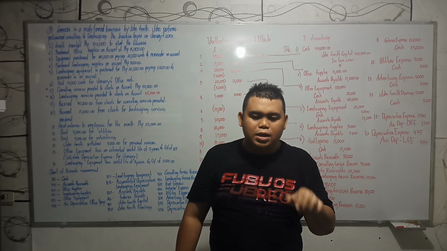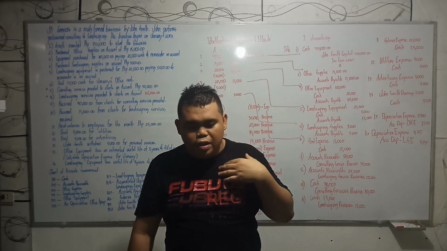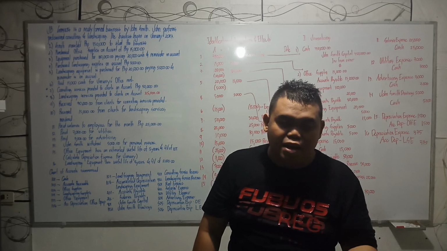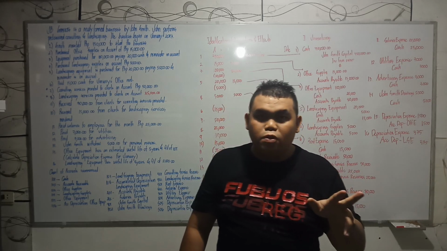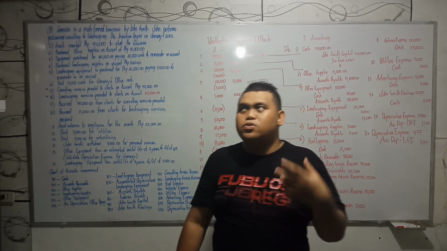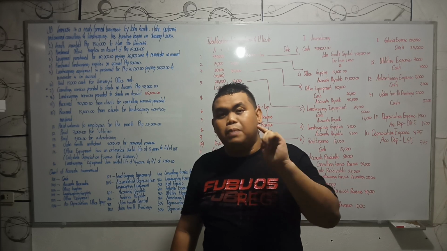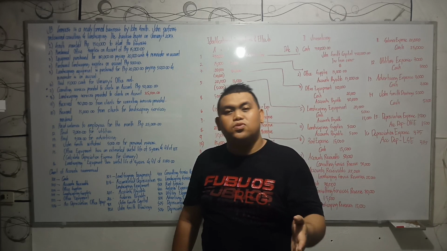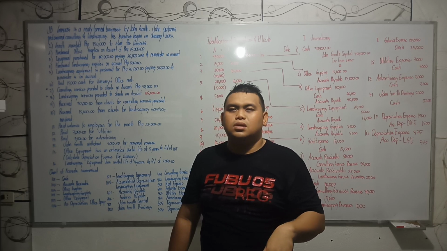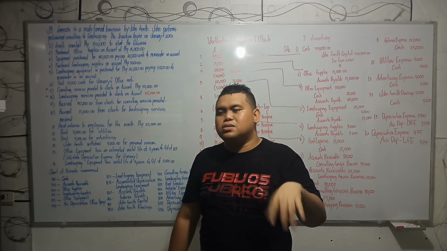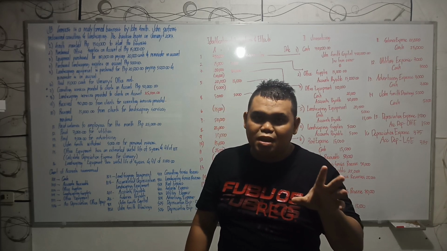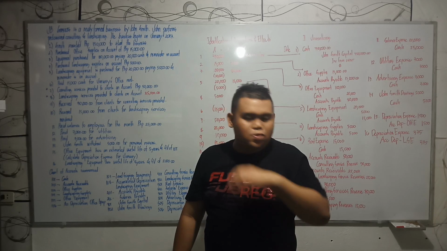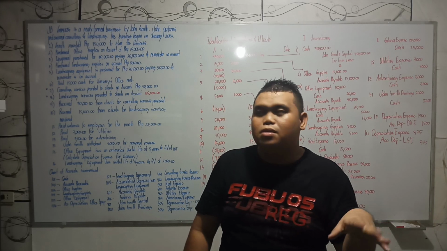That is what we call accrued expenses if it is on your part: you are late in paying for expenses that you have already incurred. Accrued revenues, if the customer is late in paying you when you have already delivered your services or goods. As to the advance payments, it could be your advance payments, like the prepaid rent and so on, so there will be an adjusting entry for that.